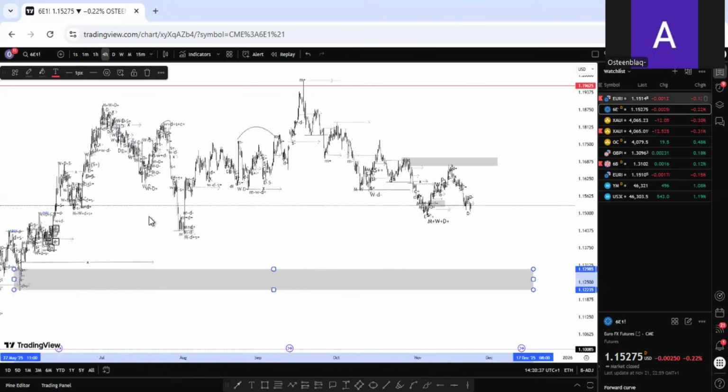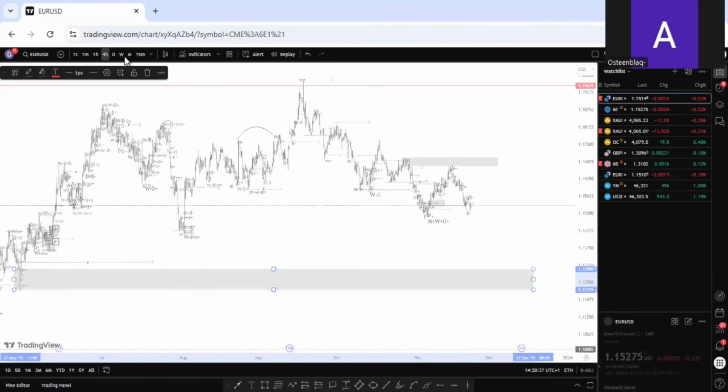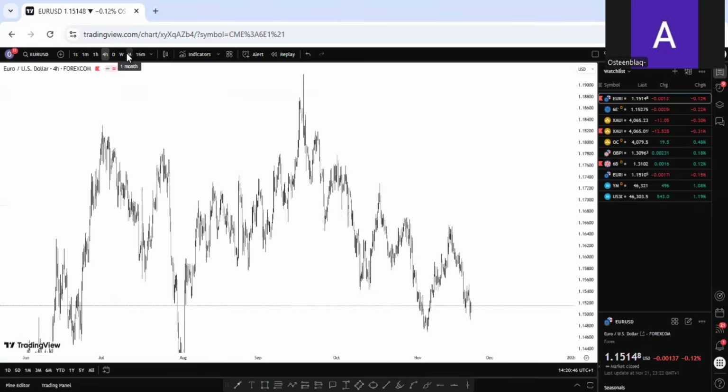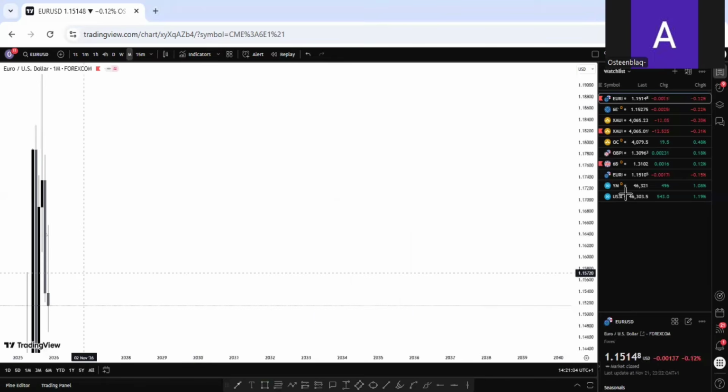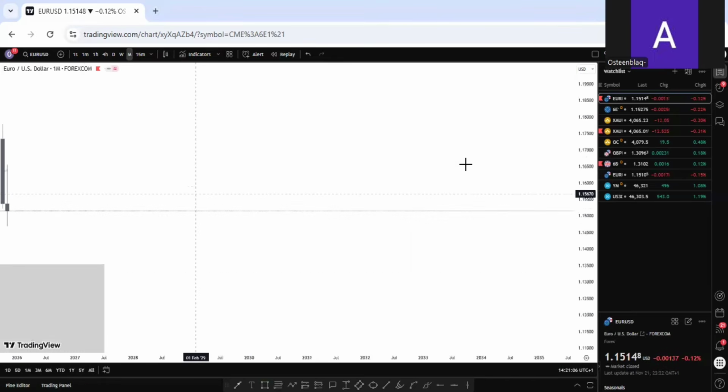Let me use CFD for a while. Now, going to the monthly time frame, this is what I'm looking at.